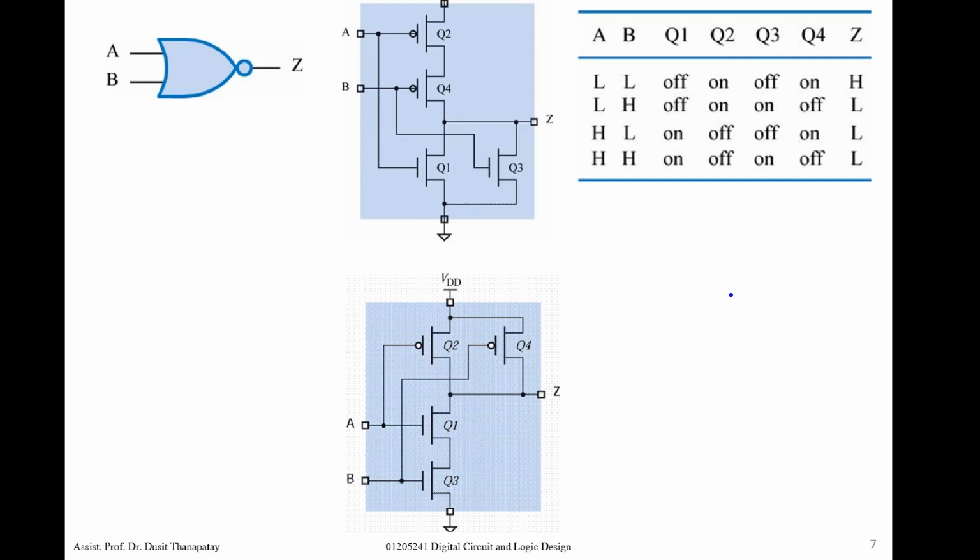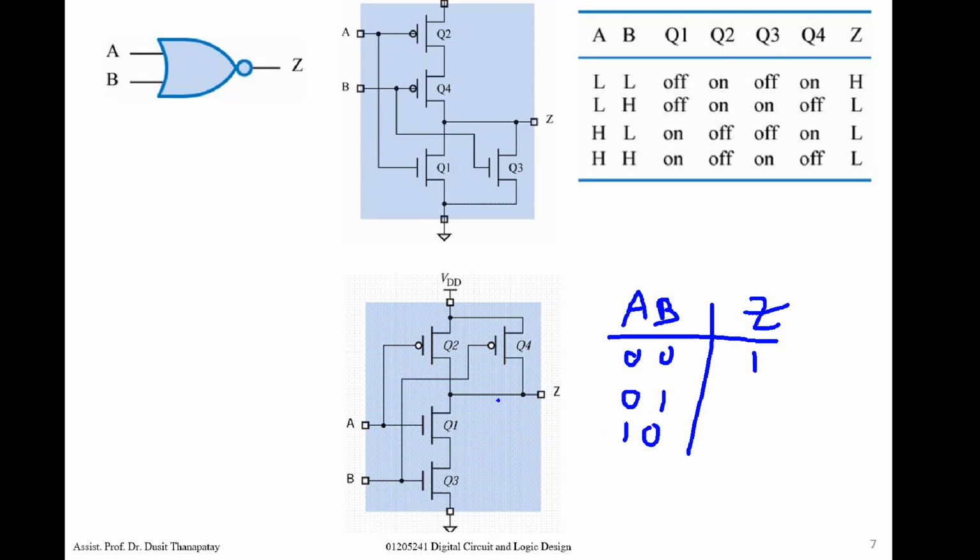By the result, when you apply inputs A, B, and look at output Z: when A, B is 0, 0, this one is on, and there is a part that connects to VDD, so the output becomes high. For 0, 1 or 1, 0, one of these is on, but one is off.